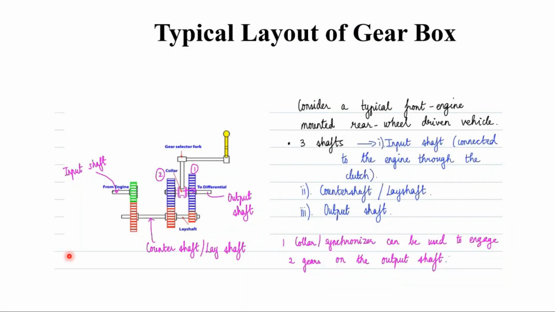I have been telling you about this input shaft, counter shaft, and this is going to be the output shaft. This output shaft is connected to the differential, and this input shaft is coming from the engine shaft.